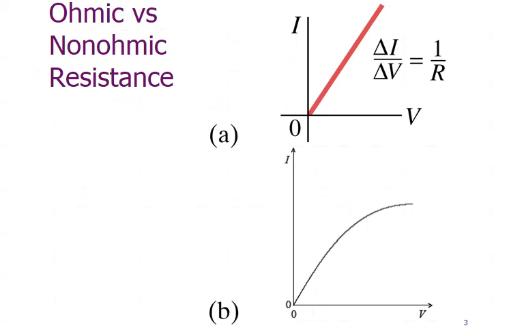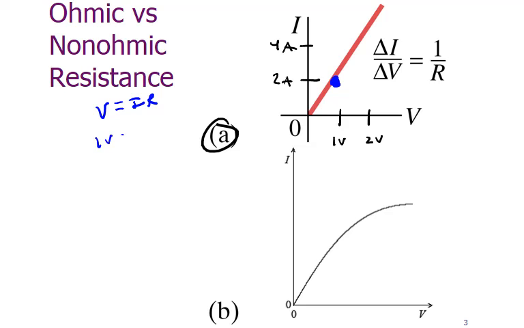So if we look at this graphically, the top, in part A, is working with Ohm's law. We'll do a comparison here. Let's say this is 1 volt, 2 volts, and this is 2 amps, 4 amps. At this spot, V equals IR, we have 1 volt and 2 amps of current, and we would find that the resistance of this object would be 0.5 ohms.